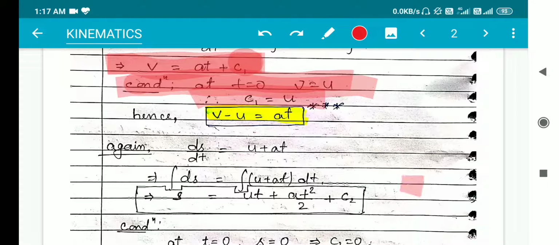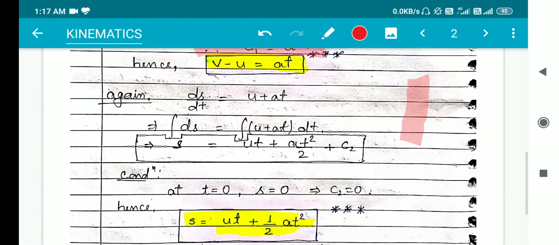So now again I can write this equation in this form, that velocity is written as ds by dt, and u is transferred to the other side of the equality sign. So I can write ds by dt is equal to u plus at.